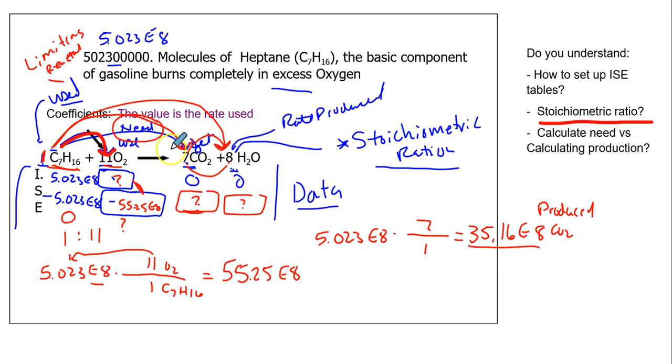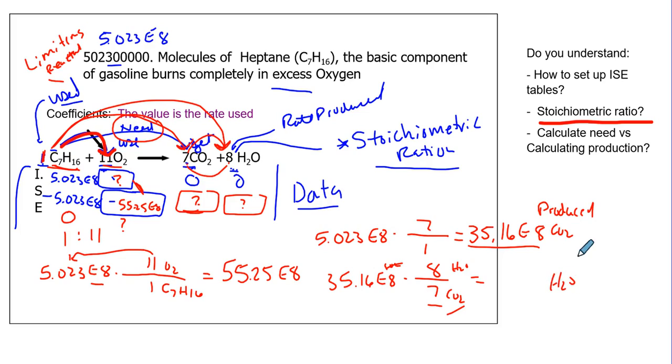I showed that one already, so let's do this one. 35.16e to the 8th at a 7 to 8 ratio. Now again, I'm using my coefficients here. This is the CO2, because this is CO2. This is H2O. And my answer is going to be the H2Os.